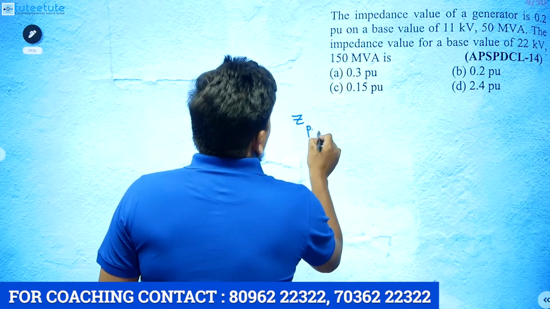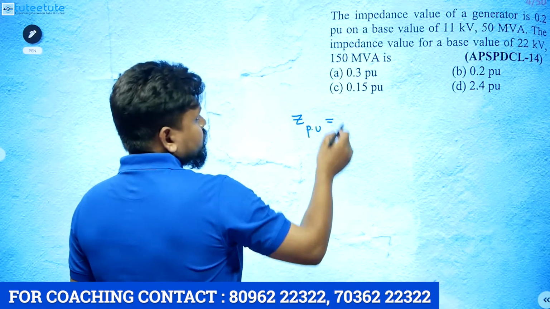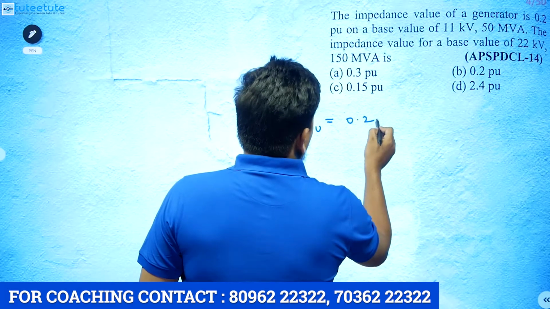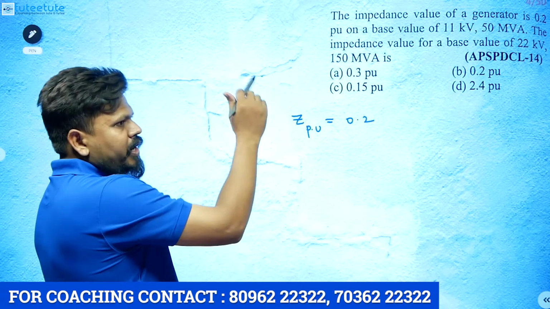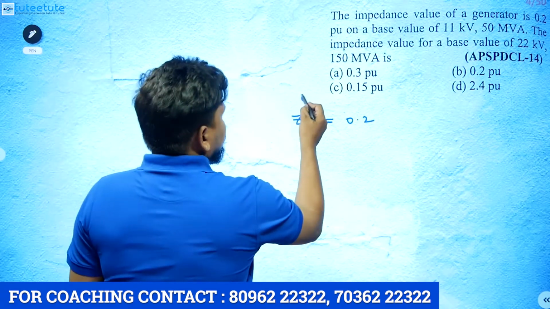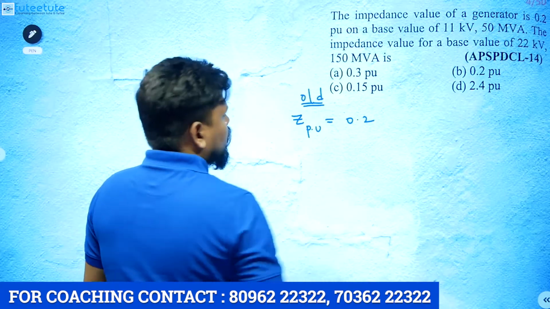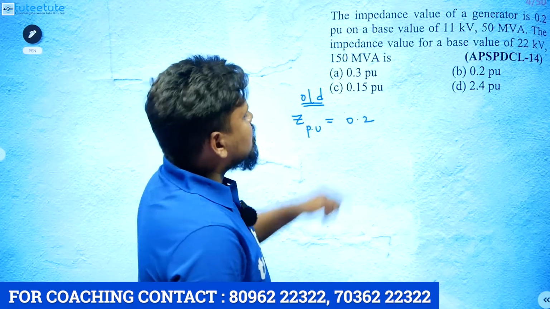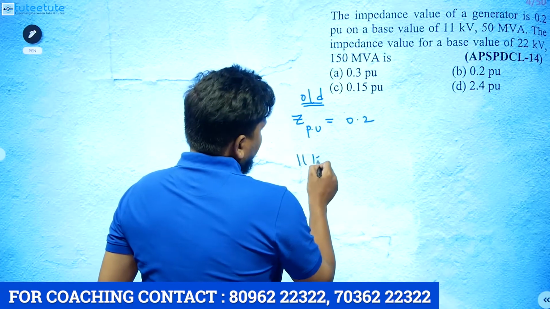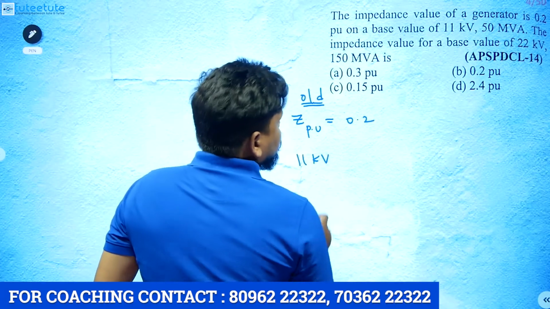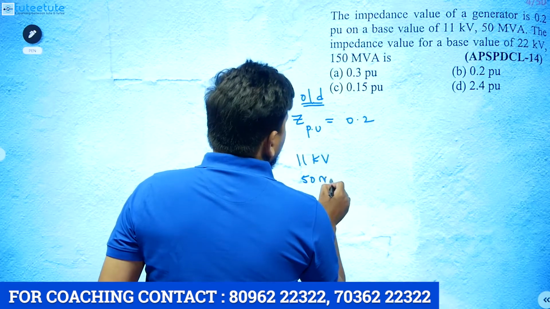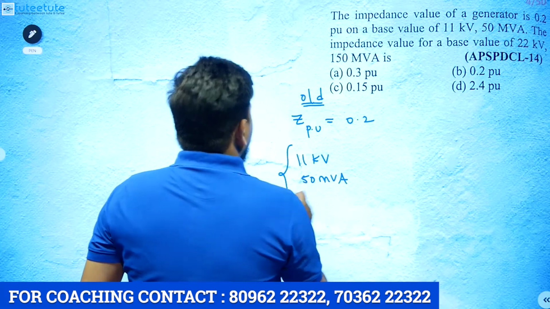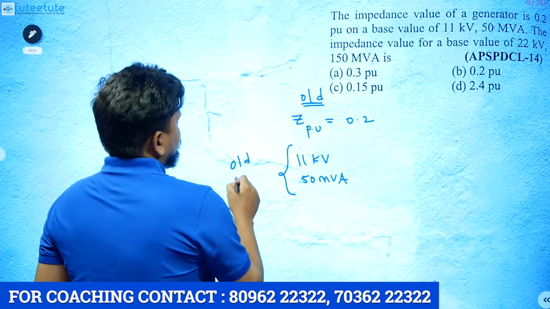Z per unit is equal to 0.2, that's what they have given. I am taking these as the old values, where this Z per unit is calculated based on the base value of 11 kV and 50 MVA. So I am calling this the old base.